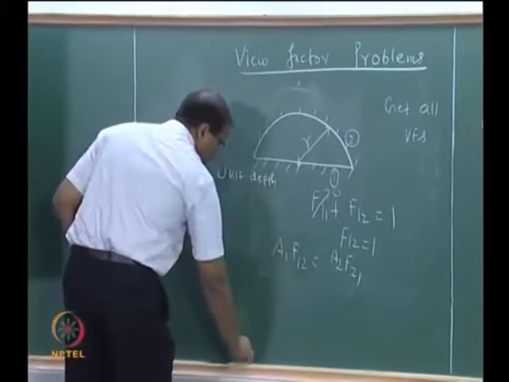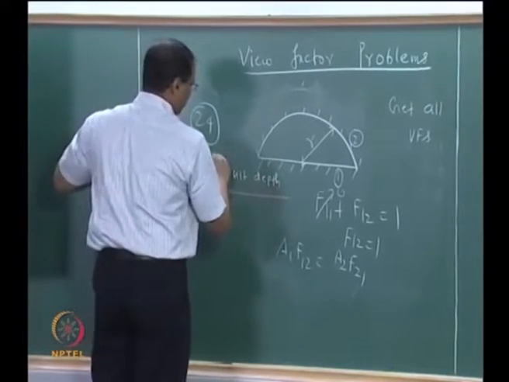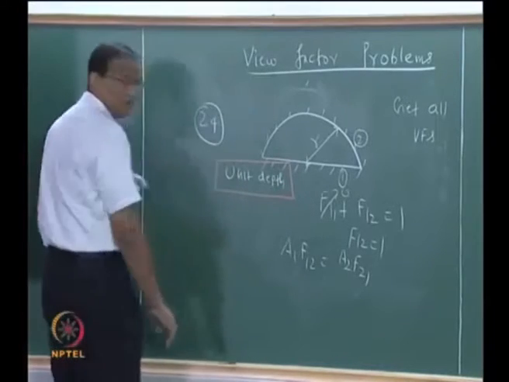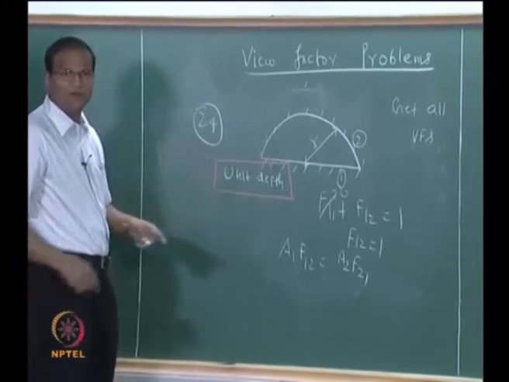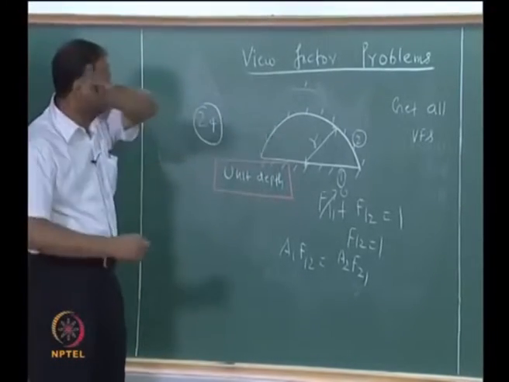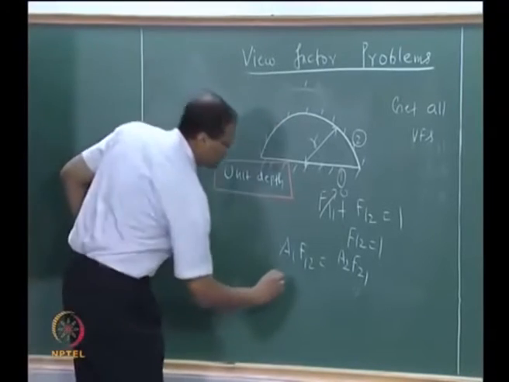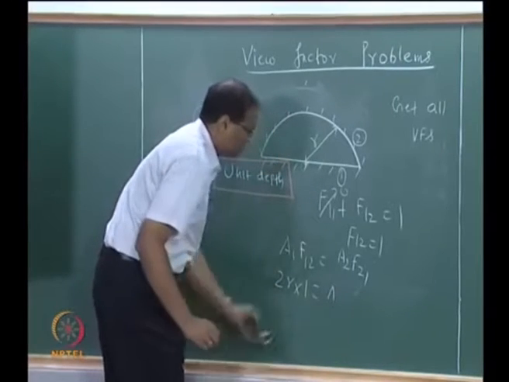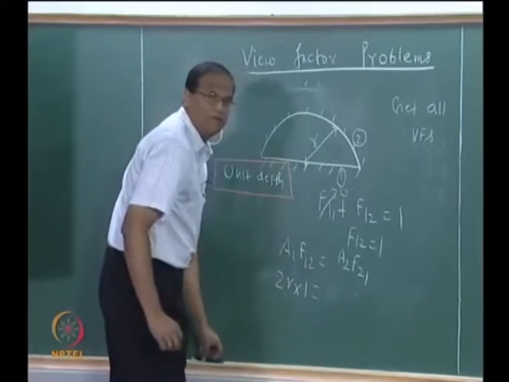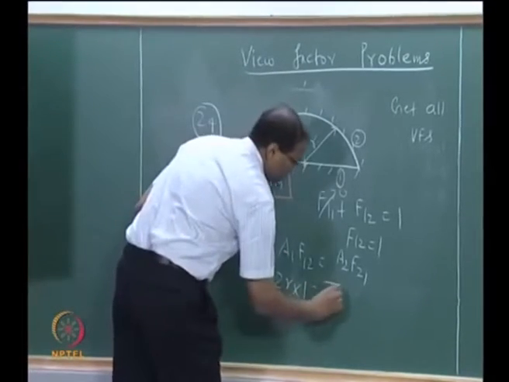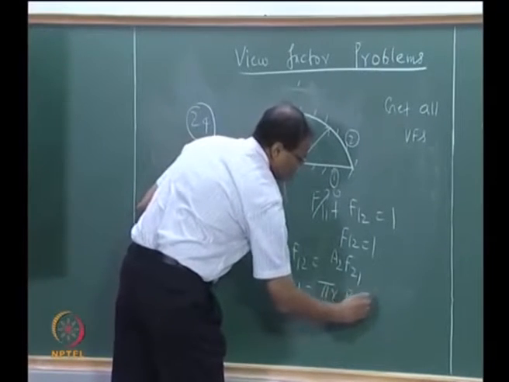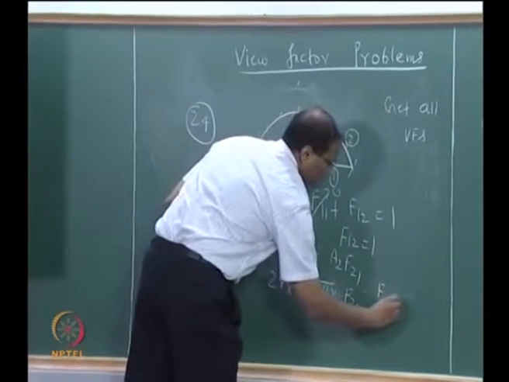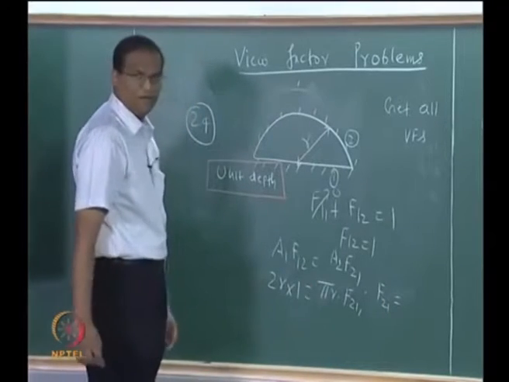Please note that we are solving only 2-dimensional problems. Unit depth, so 2r. What is this? Pi r, correct. Two by pi r.